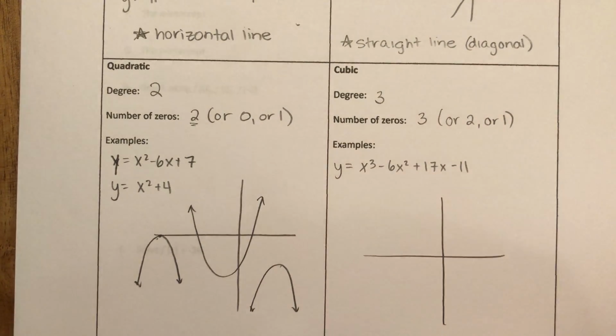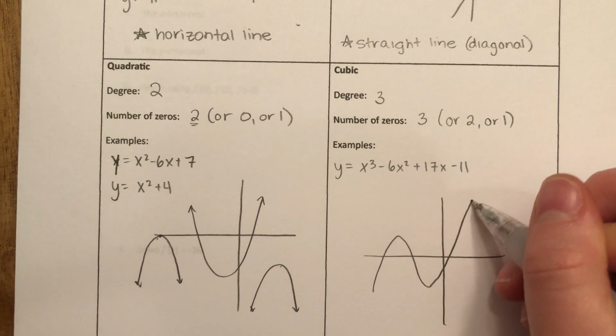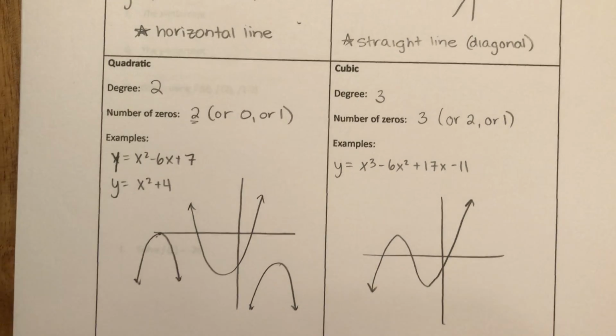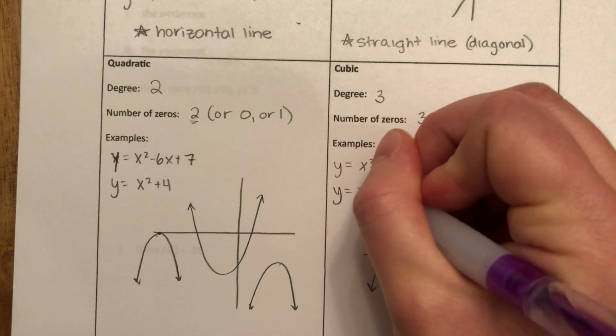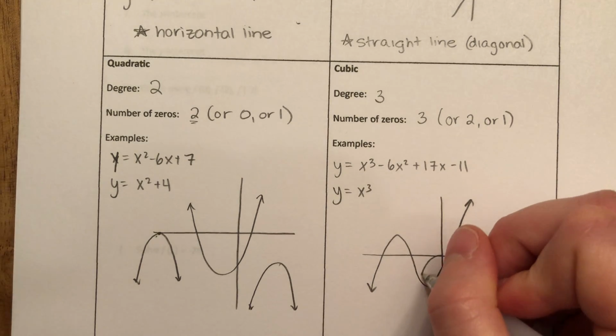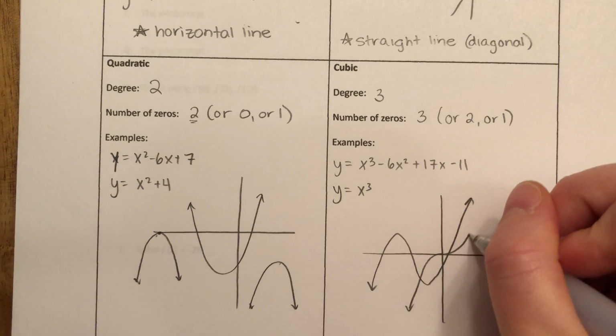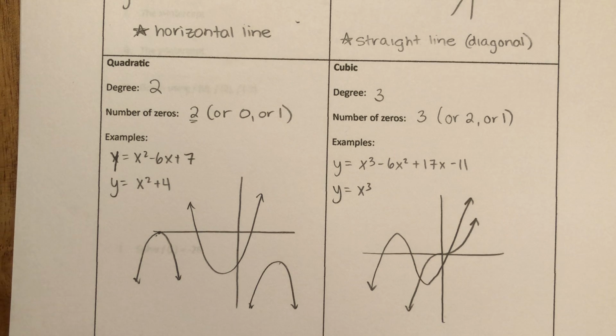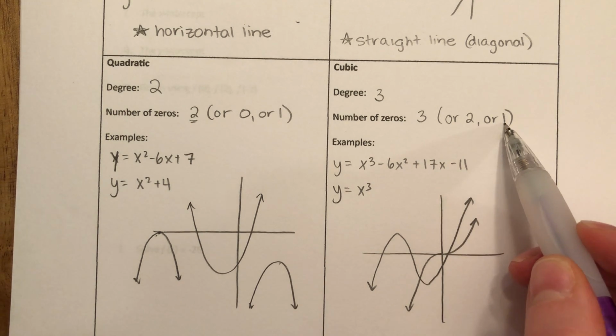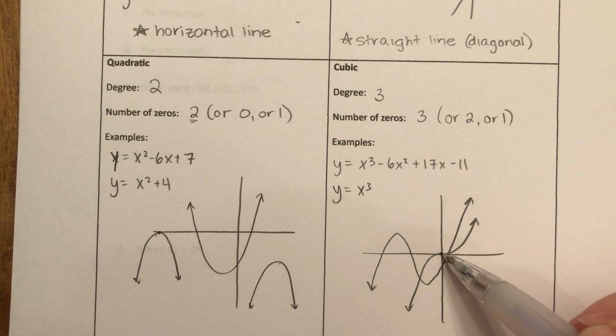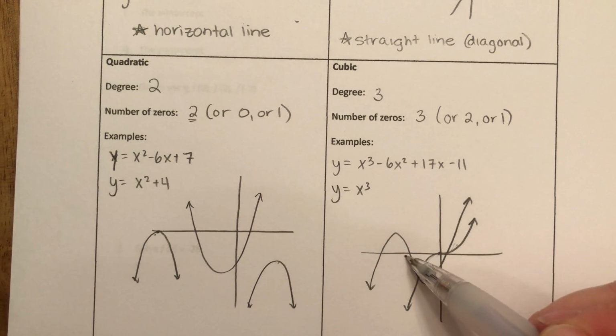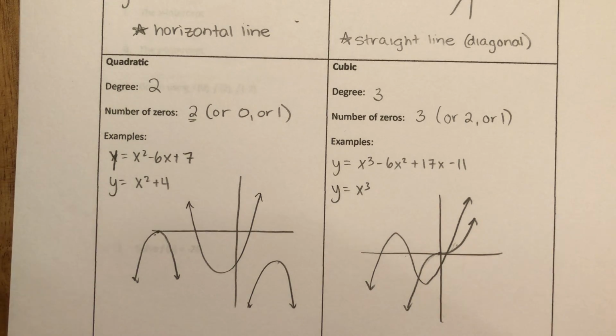Generally what it's going to look like is boom, boom, boom, something like that. Or a standard y equals x cubed looks like that. That's one of those instances where it only has one intercept, and we'll talk about how that intercept looks a little bit different. There's curvy bits to it instead of just straight through, so we'll talk about that tomorrow.